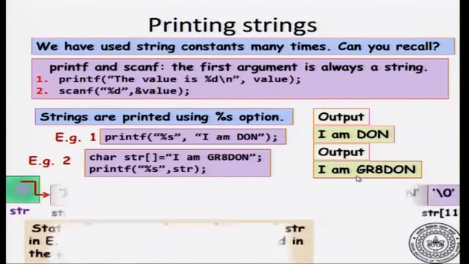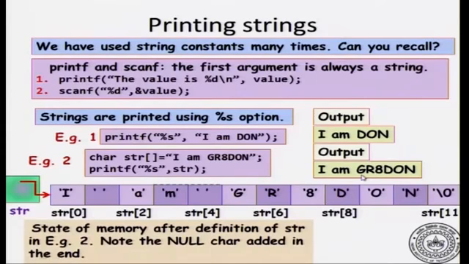The state of memory after definition of this string in example 2 is that it has a list of all these characters, I space A, M space and so on, and note the implicit null at the end.